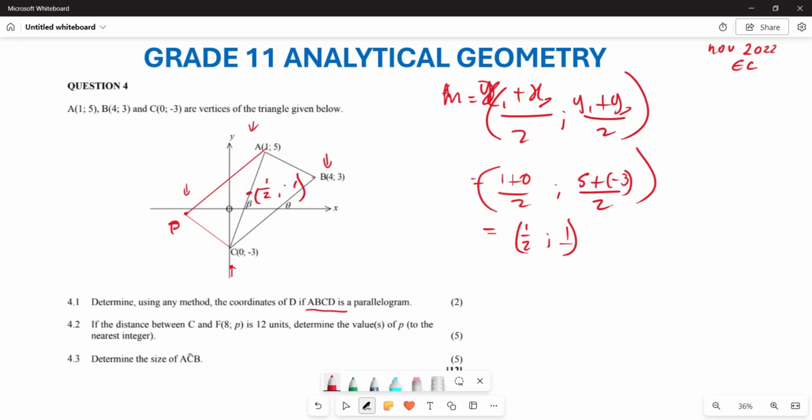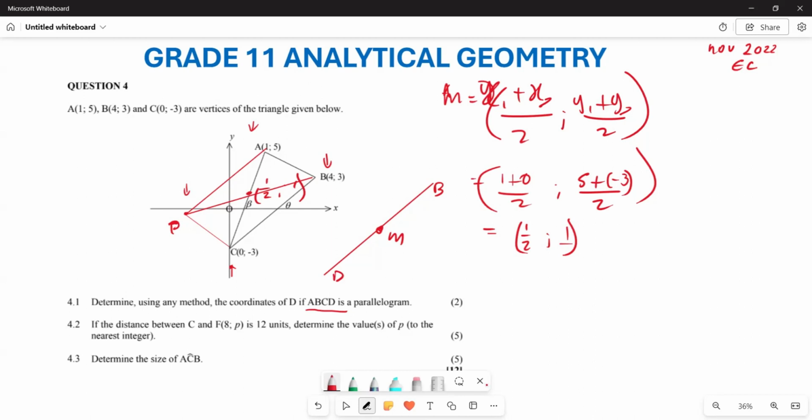Now that I have this, the midpoint is the same, right? So I can use my line BM, which is the midpoint, B, M, and also D to find the coordinates of D. Now from here, what is it that I'm going to do?